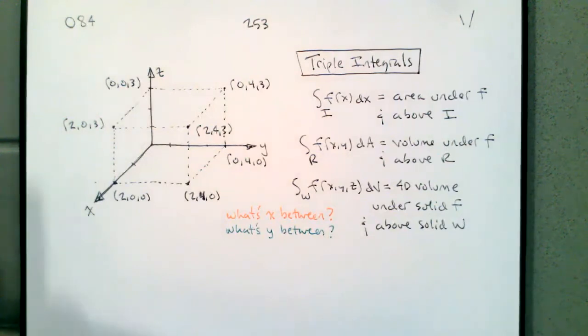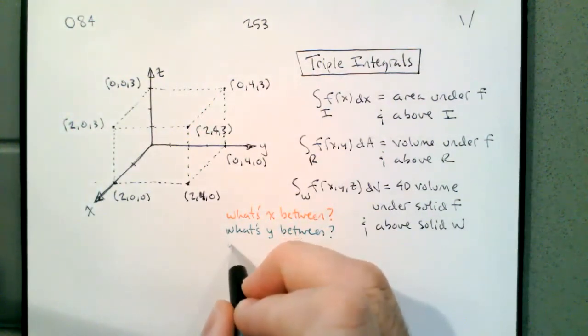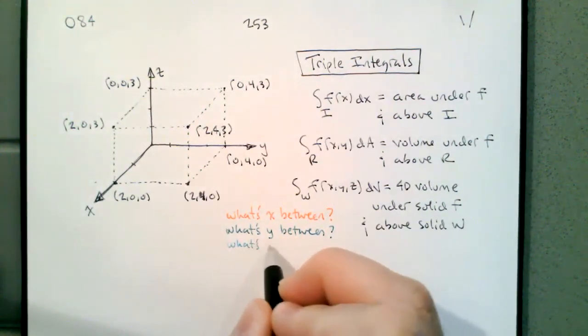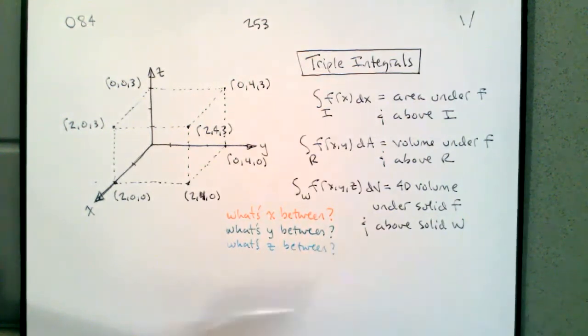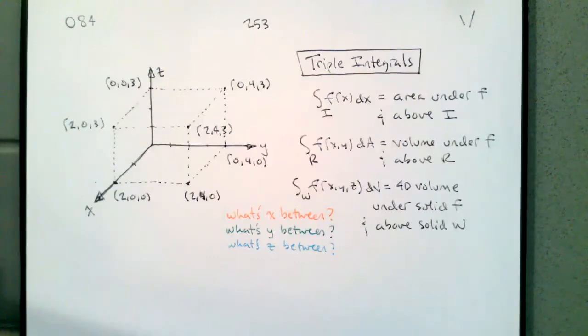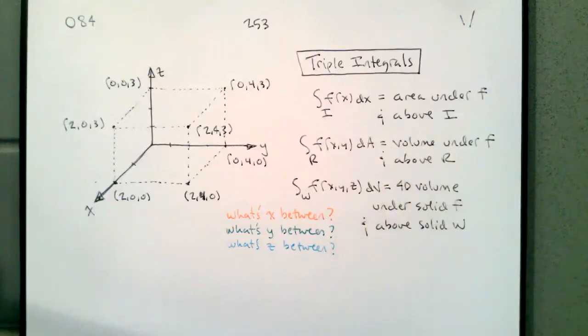And since we've got three variables, we're just going to say, what's z between? Same thought process that goes on behind it. And mechanically, we're going to do the same thing. We're going to set up the triple integral with three integrals, one for x, one for y, and one for z. And we're just going to say what's the lowest value, what's the highest value.